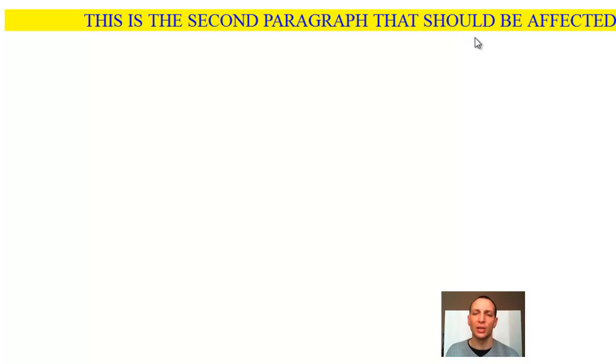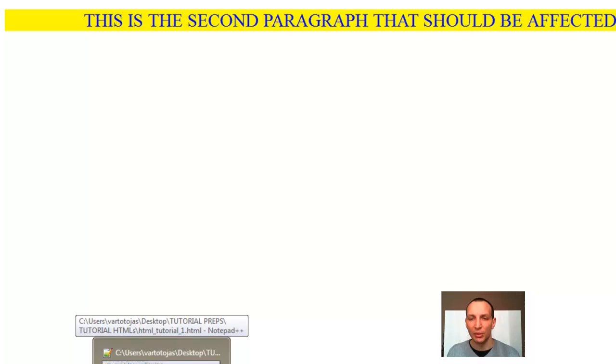So there you go guys, you can see that the first paragraph is affected by the standard properties and values, and the second one is affected by the properties and values in the ID selector. This is a pretty important concept, and I want you to remember it.